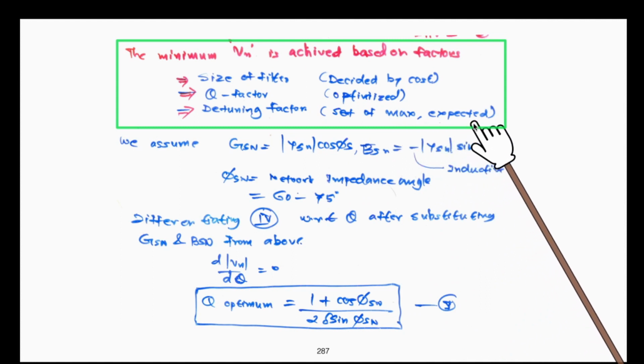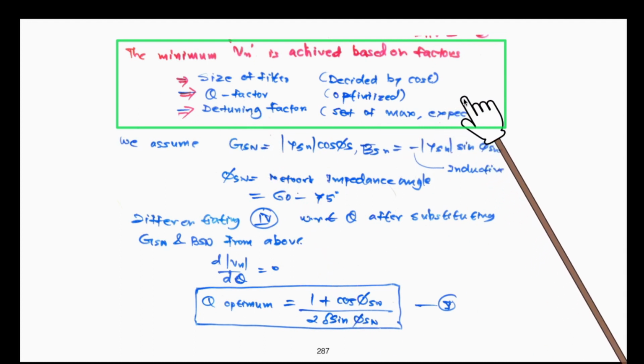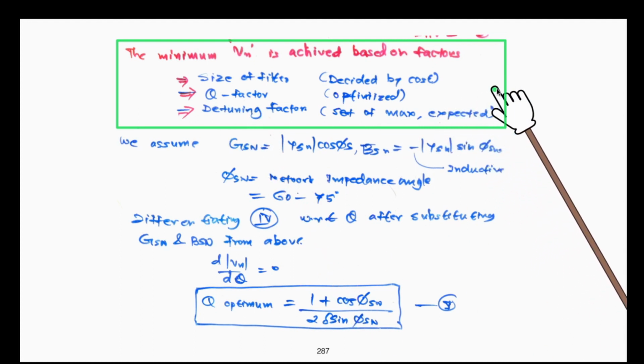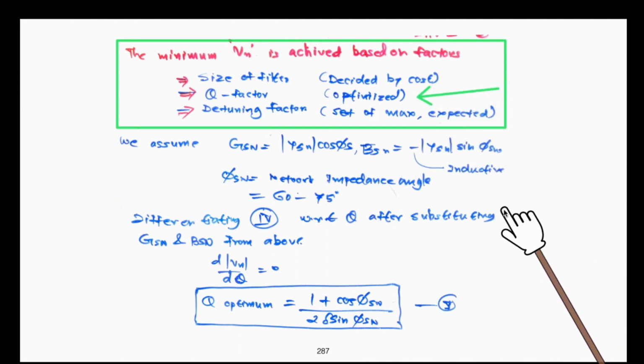Detuning at the initial stage we assume to be, let us say, 5% or something, depending upon past experience, and we try to optimize the value of Q for minimizing Vn, the voltage drop across the filter impedance.